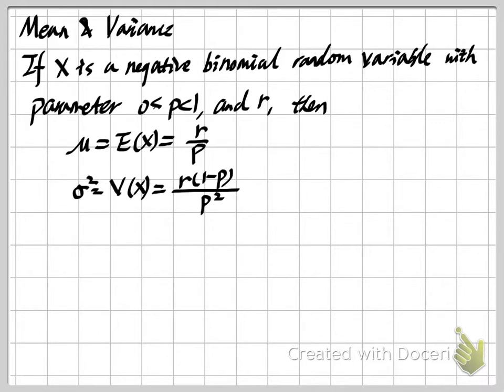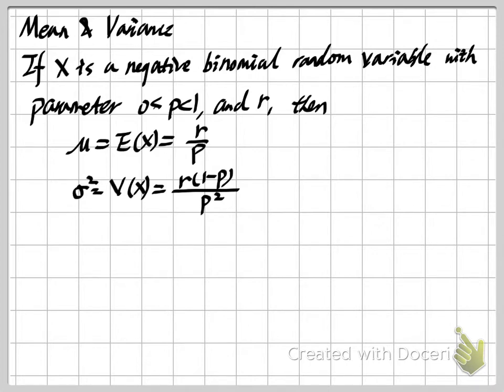If you compute this by the definition of the negative binomial random variable and its PMF, you can get these equations. And if you are interested in this, please leave a comment under this video, and maybe I can upload a video about this computation in the future.